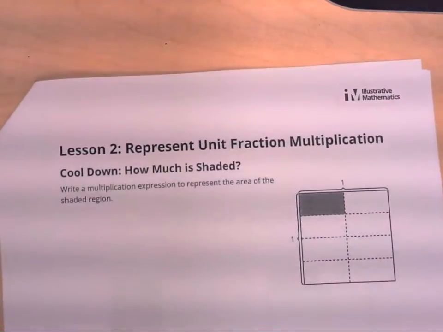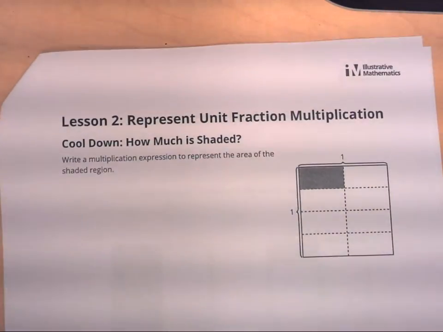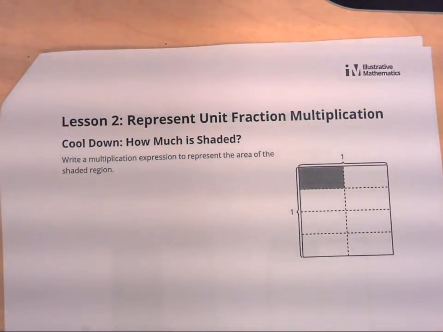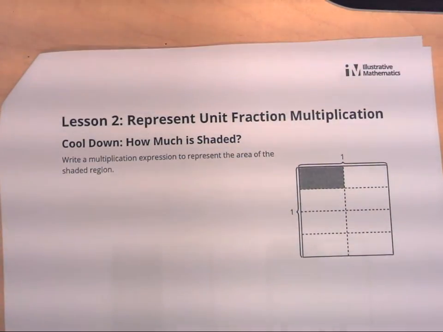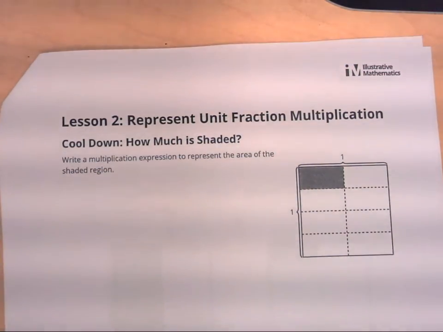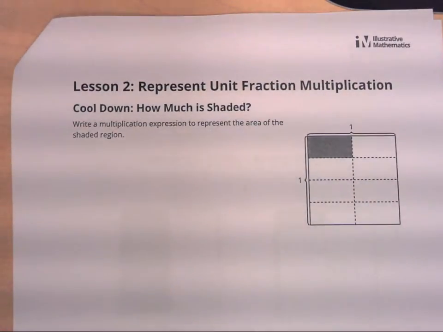So after we worked together in groups and in pairs and as a whole class on these different activities, the last thing students were asked to do was their cool down, or their exit ticket.